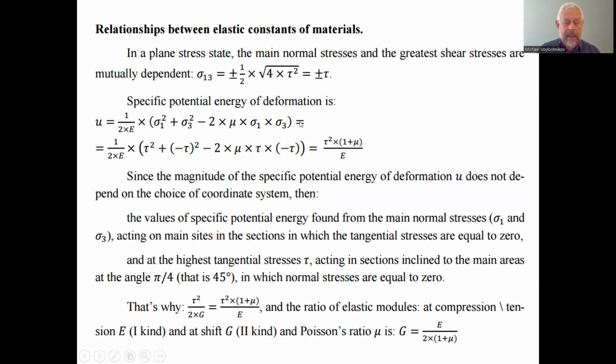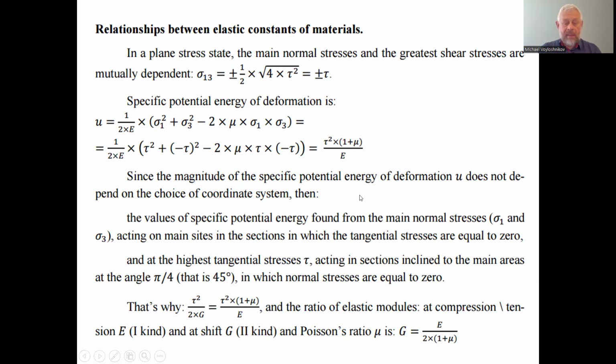When we substitute the tangential stress tau instead of the main normal stresses, we have plus minus tau squared minus 2 mu, where mu is the Poisson ratio, multiplied by tau multiplied by minus tau. We can write this in one formula after mathematical transforms.